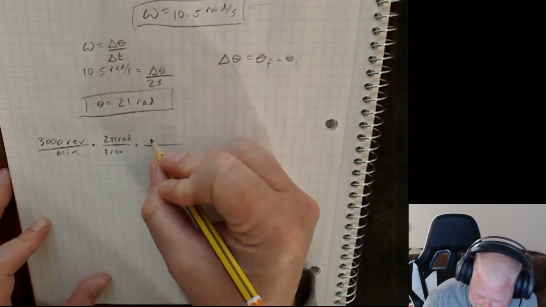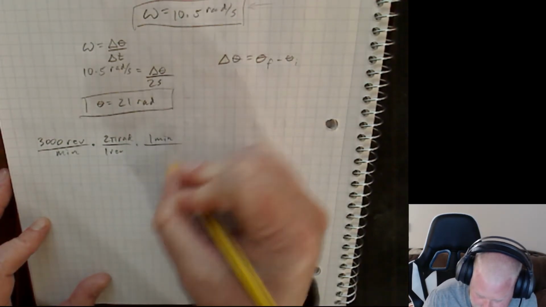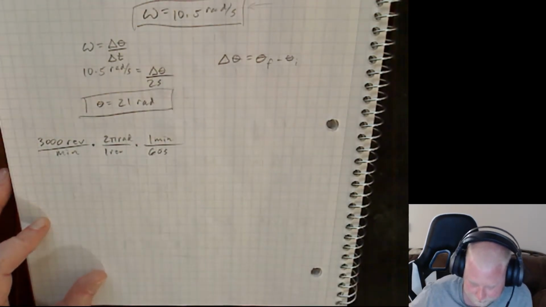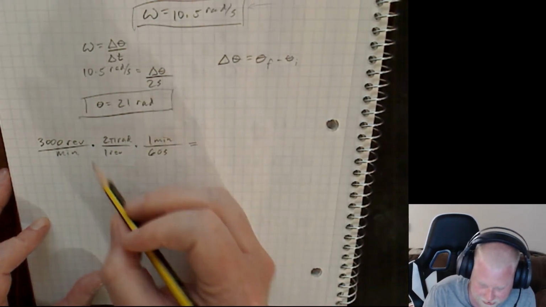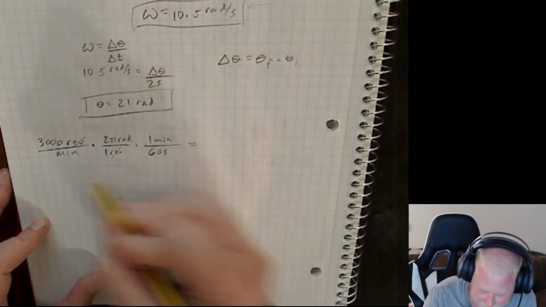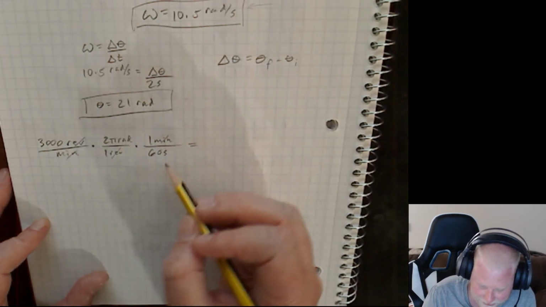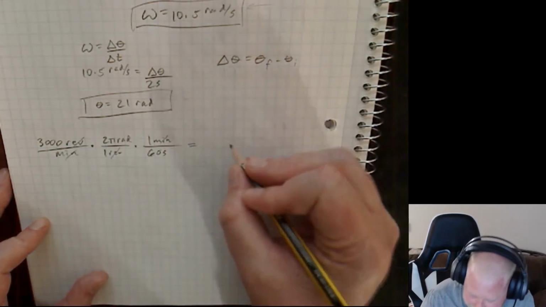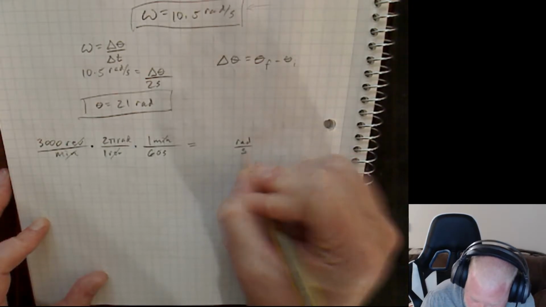We know that there are 60 seconds per minute. Well, look at your units here. Revolutions cancel, minutes cancel. So whatever you're solving for in this dimensional analysis is measured in radians per second.